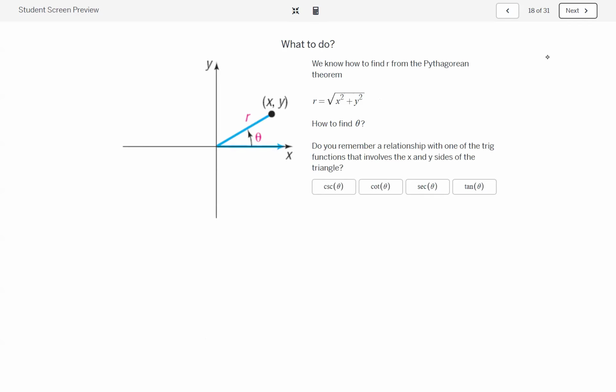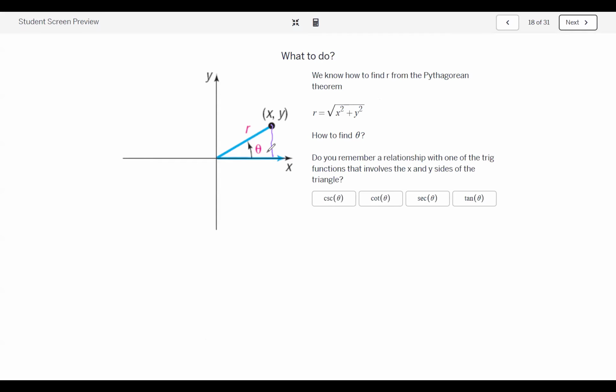what we actually do is use our right triangle trigonometry. On this slide, 18, I'm going to draw back in the x and the y. With my x and y coordinates, I've got the adjacent and opposite sides, and my radius is the hypotenuse. One of the things that relates x and y to r is, I don't actually like the formula they wrote.